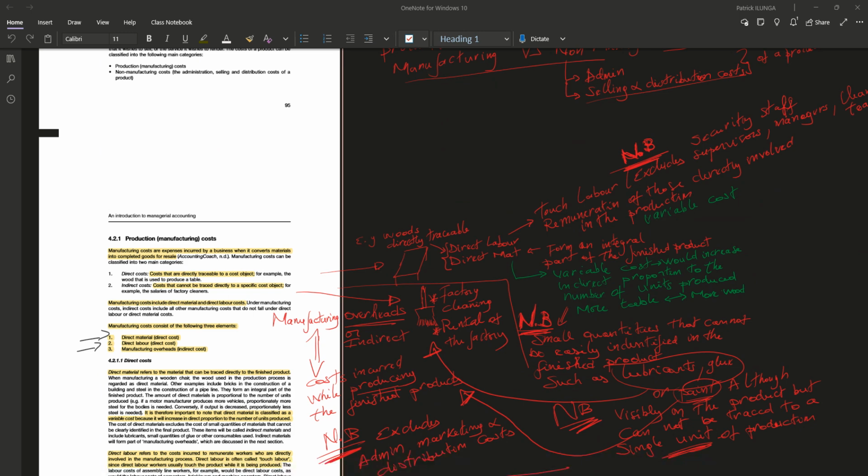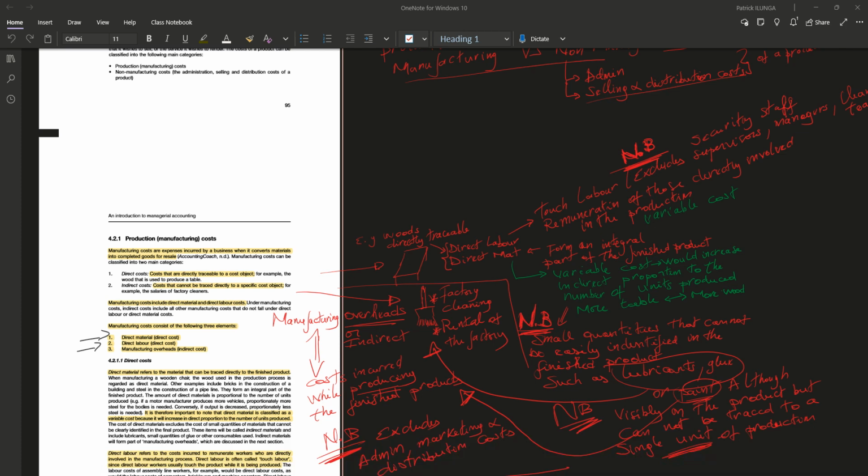And under the same manufacturing cost, you're going to have those costs that are indirect costs. They would be under the manufacturing cost, but they are not directly falling under the direct labor or the direct material cost, right? So, to make it simple, manufacturing costs consist of the following three elements: direct material and direct labor, these are direct costs, and then manufacturing overheads is an indirect cost.